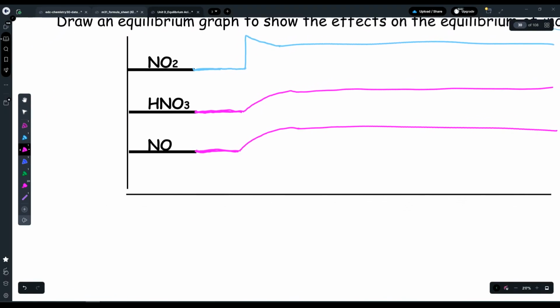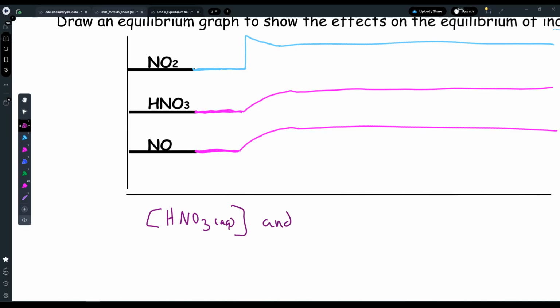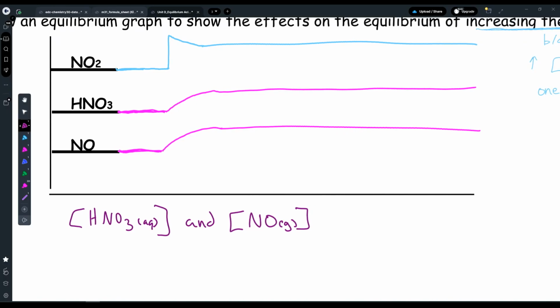So just to capture what I've said here, the concentration of nitric acid and nitrogen monoxide increase as the forward reaction happens.